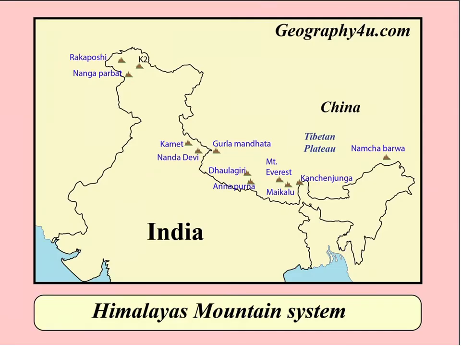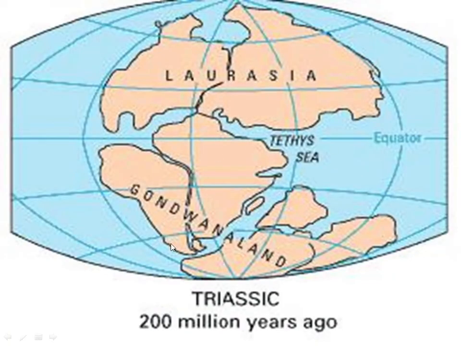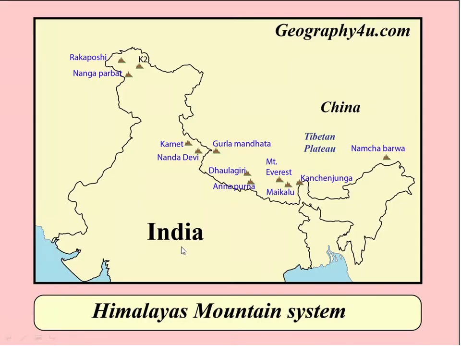And in Western Himalayas, what are the ranges? What are the important peaks? Now we are going to see the Himalayas. In the Himalayas, what are the most important peaks? You see in Kashmir, Mount K2 or Godwin Austen, Nanga Parbat, and between Sikkim and Nepal, that is Kanchenjunga.